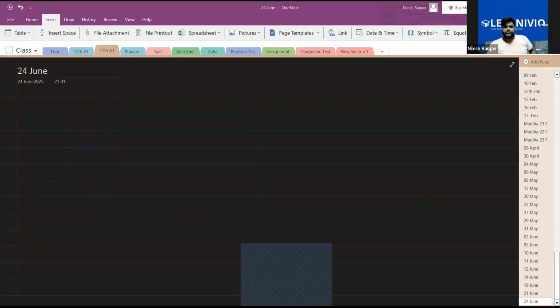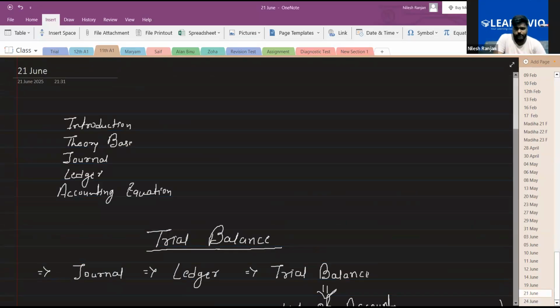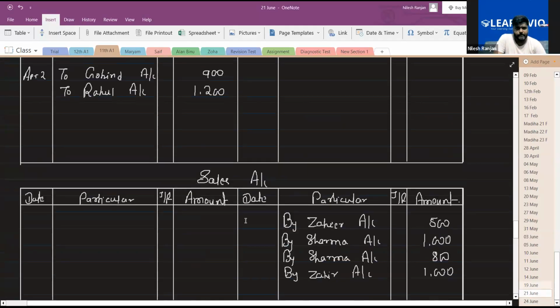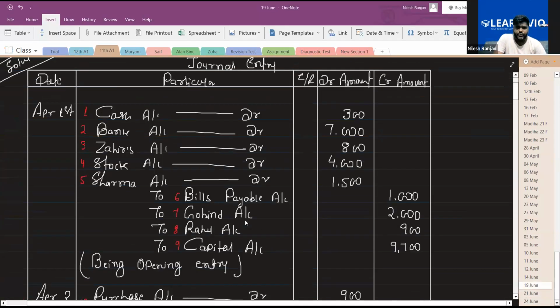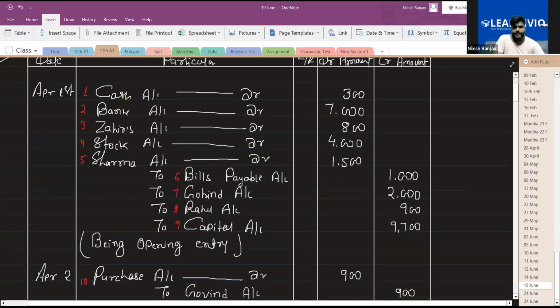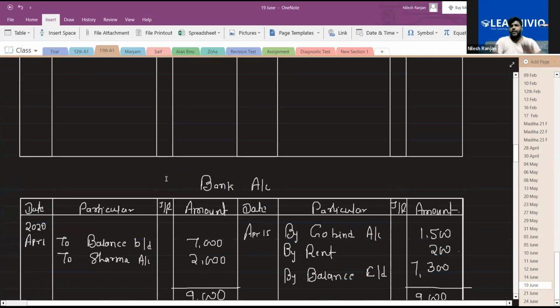Okay. Actually, some part of this question we have done already. Yes, this is, I think, the same question. All the journal entries. This is the opening entry. Cash 300, bank 7,000. So all these journal entries, I have written. I will solve the same question in trial balance also, so that there will be no confusion.